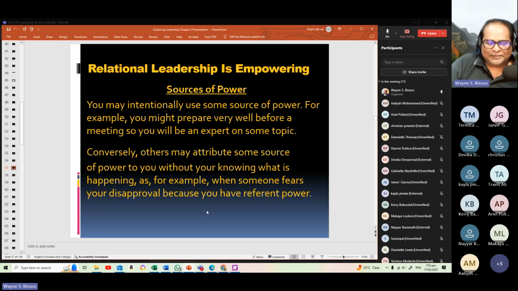For example, somebody arrives in a position of power because they're viewed as being an expert on a topic, but others may attribute some other source of the power without knowing what's up. For example, when somebody fears your disapproval because you have referent power, and a lot of people who have referent power in an organization are actually quite unaware of the fact that they have that type of differential position in the organization.